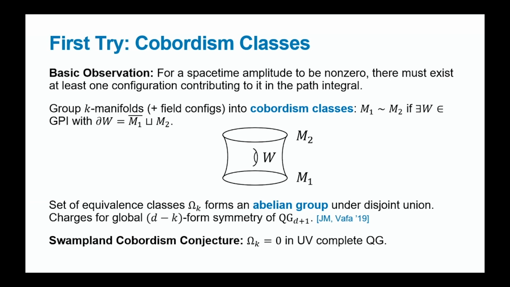We can group our boundaries into equivalence classes, and they form an abelian group under disjoint union. And this group defines some global D minus K form symmetry in our quantum gravity theory. The Swampland cobordism conjecture is just the statement of no global symmetries in this context. It's a statement that in a UV complete gravitational path integral, whatever that might be, these cobordism groups defined this way should be zero, because otherwise there's a conserved charge.